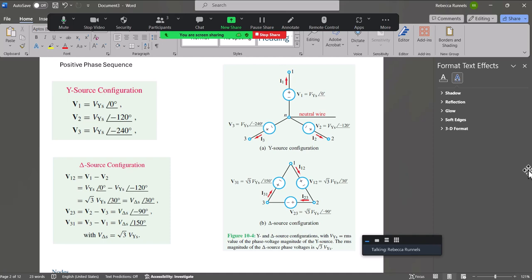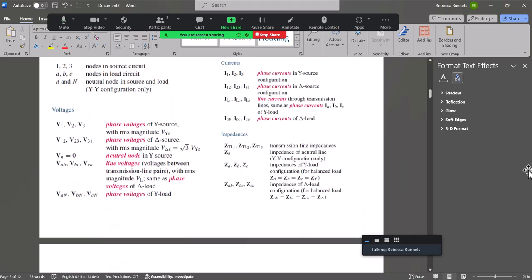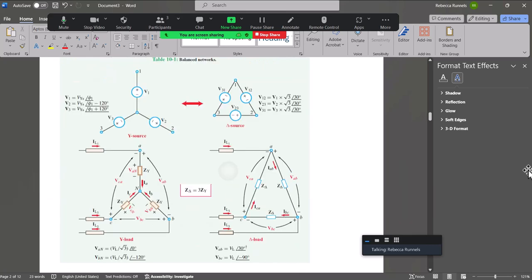So your delta configuration, you have the voltages between these corners of the triangle, and in your Y configuration you have the voltages between the end of the Y or the star and the neutral point in the middle, and so V1 would be the voltage difference between 1 and the neutral point in the middle. Let me copy this and take it over to OneNote.